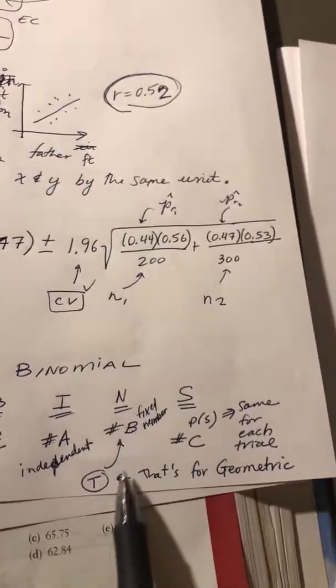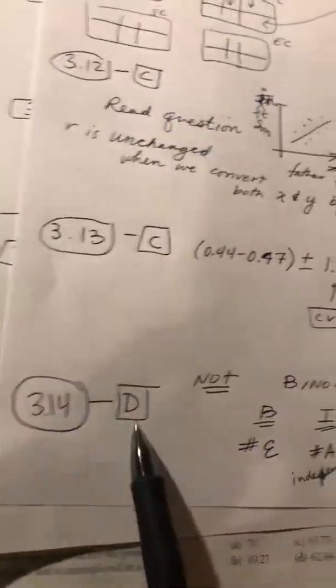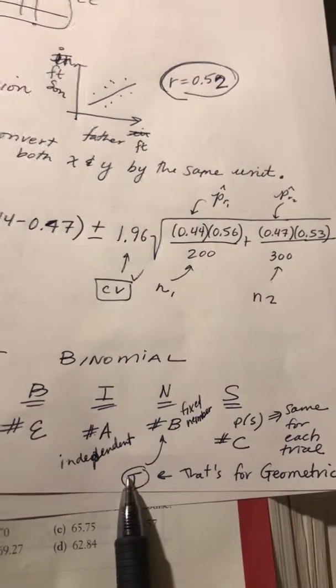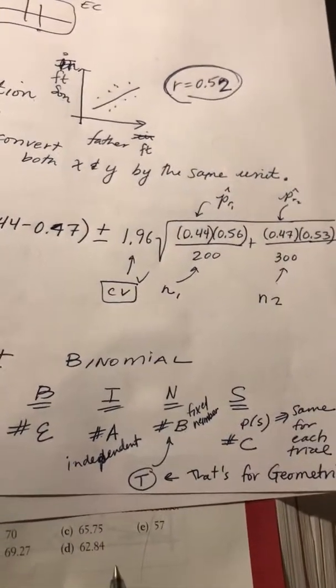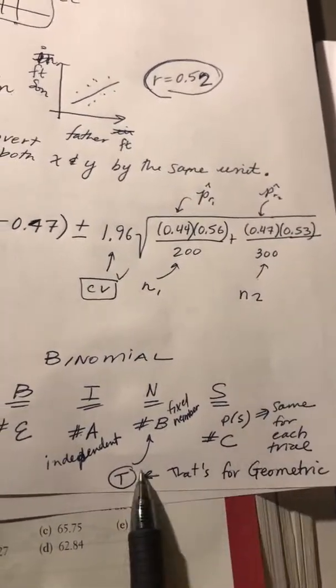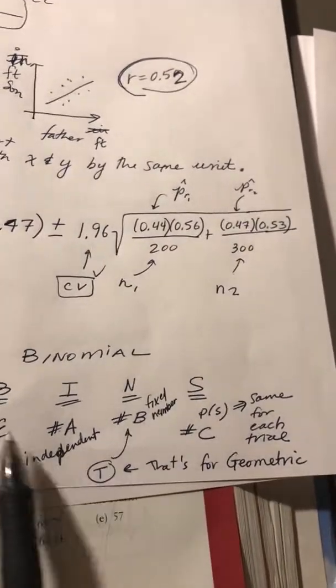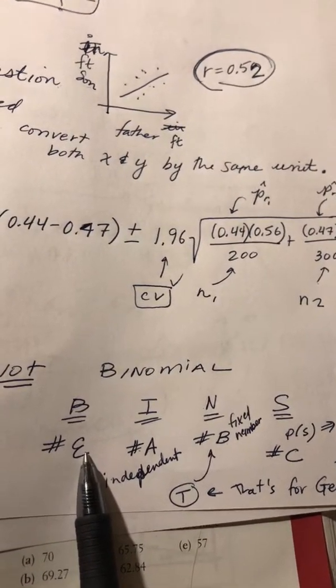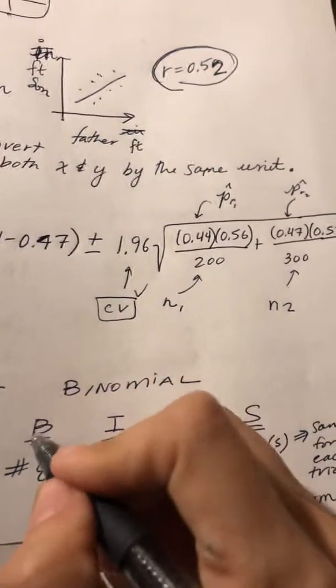And D is the one we know is our answer because it is the component that we need for a geometric distribution, not a binomial one. So that's the one we know is the right answer. But let's just check out E. E is the component that each trial is either a success or failure.